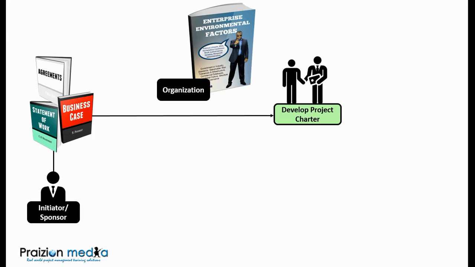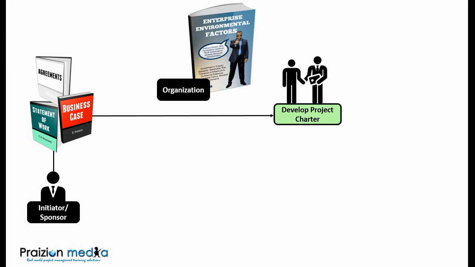We see this as a recurring theme throughout the PMBOK guide, but the very first place it appears is in Develop Project Charter. If you haven't read EEFs in detail, I would highly suggest that you do it once, and get that down so that when you see it, you know exactly what they're talking about.